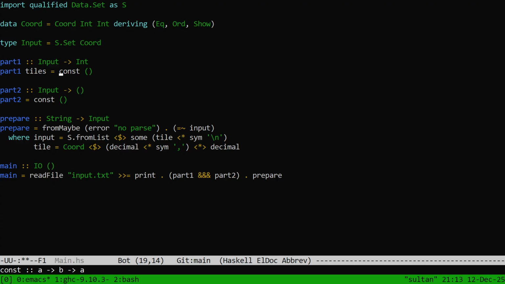Whereas I imagine if I had a map from row to set of coord, it would actually be a lot nicer, right?